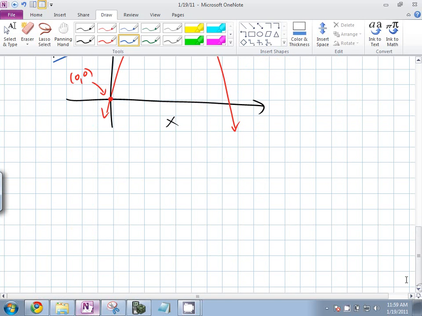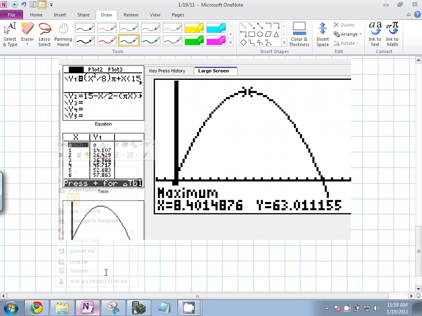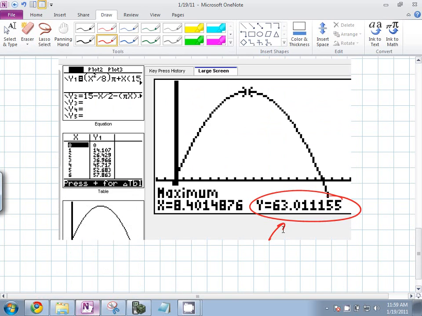So there it is. So what do these numbers say? What does this represent? The max area. And this is the width that results in the max area.